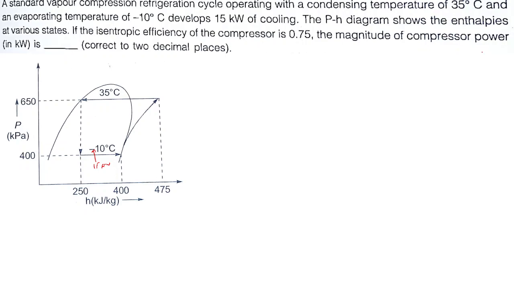The p-h diagram shows the enthalpy at various stages. If the isentropic efficiency of the compressor is 0.75, it is given, what would be the magnitude of the compressor power? With this 15, what will you get from here?